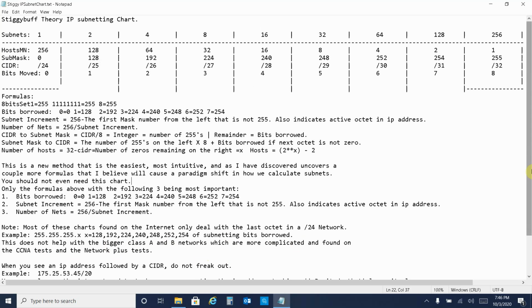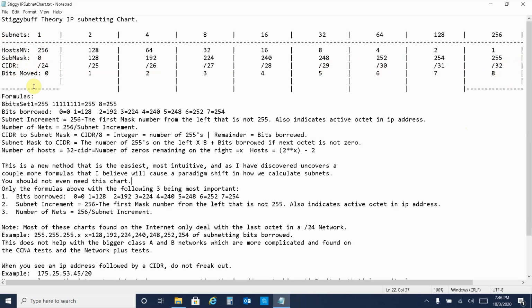So I know I just told you you're not going to need a chart or anything like that, but here's my chart. Everybody's got a chart. Here's what you need to understand about the charts. This is mine, which has a lot more than most. Notice here, it starts at 24 and goes out to 31. 32, don't even look at that. It's 256, has to do with other things.